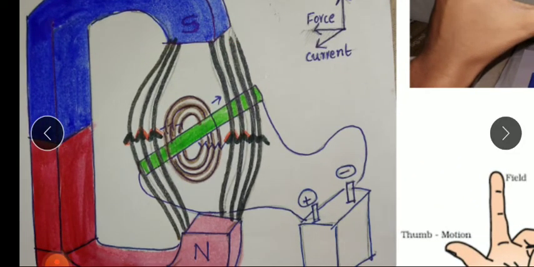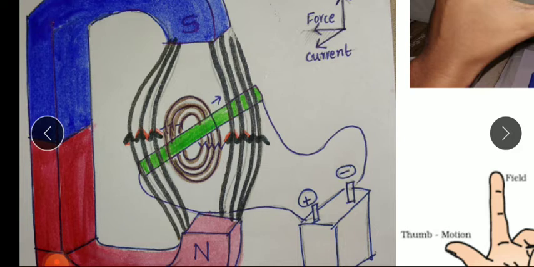Here you can see the direction of the field of this U-shaped magnet and that of the copper wire are the same here, but here you can see the directions are opposite. So what happens when the directions are opposite?